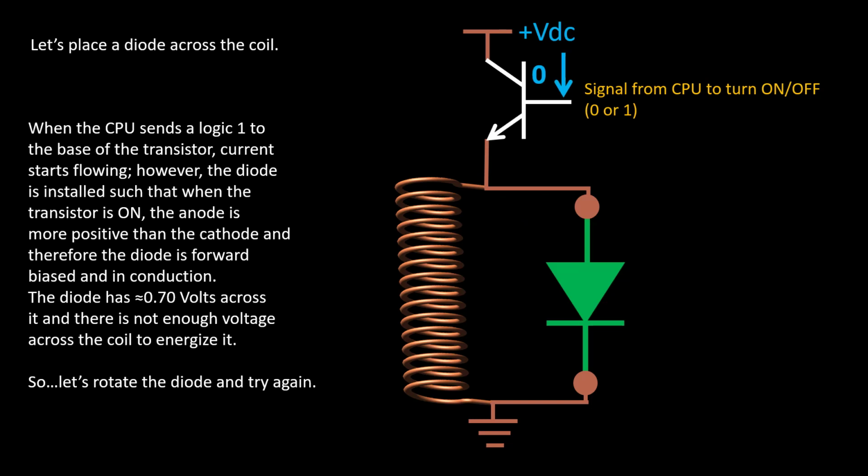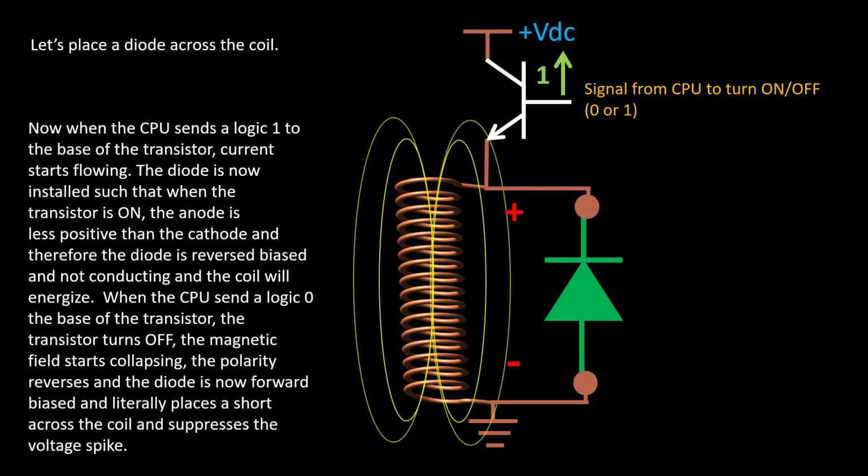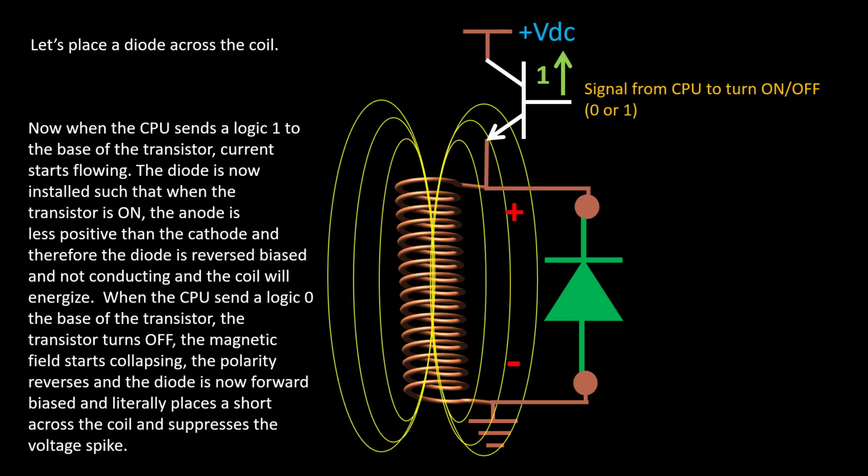So let's turn this off, and let's rotate the diode in the other polarity. And then we'll turn this on again. Now that we turn this on, this time it works the way we expect it to work. Current starts flowing through the transistor. The cathode this time is more positive than the anode, so the diode is reverse biased.